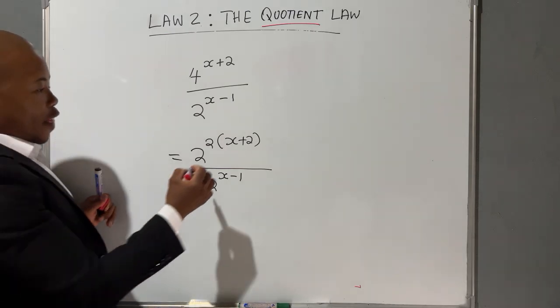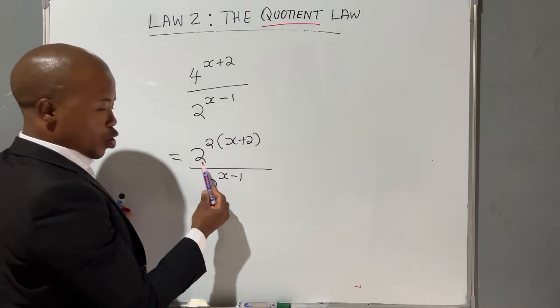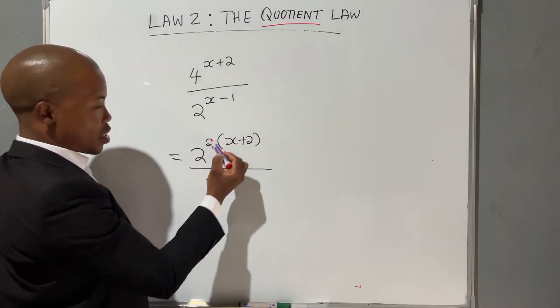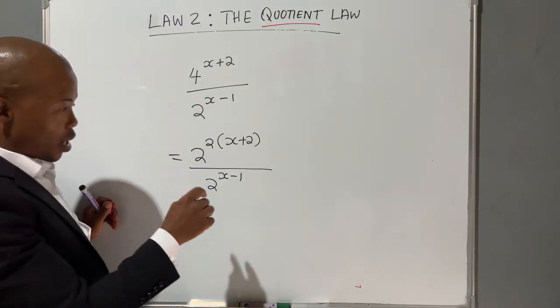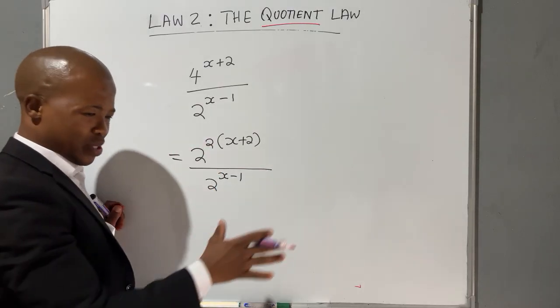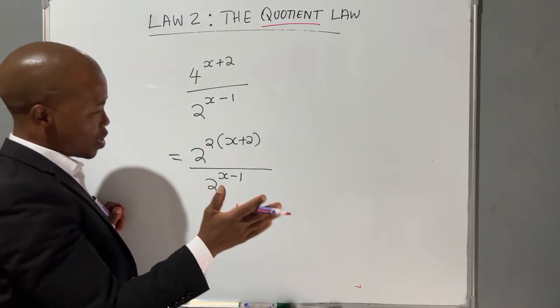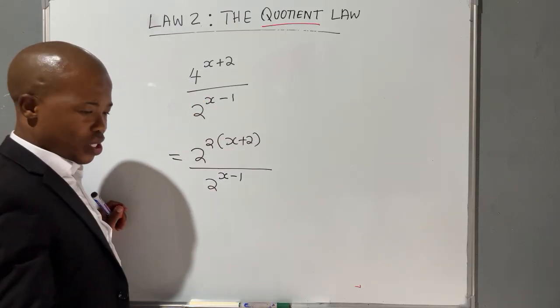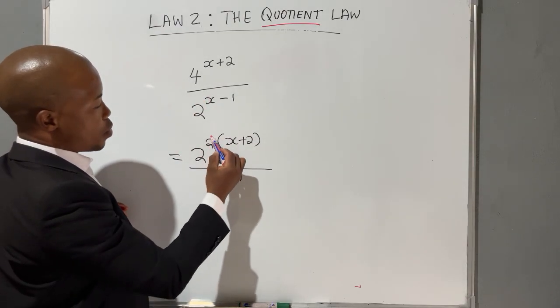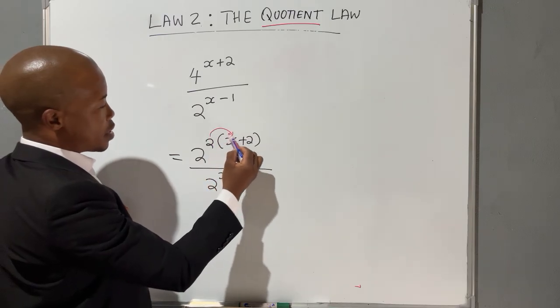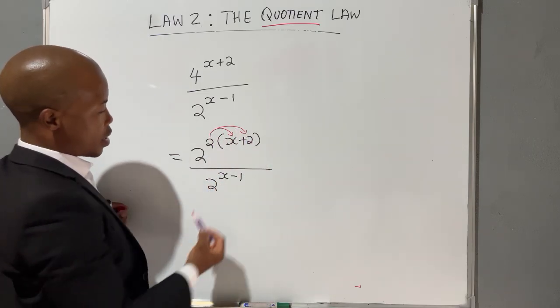Now here we can distribute. You know how to distribute. If you don't, I'm still going to make videos about distributing, the commutative law, and also the associative property. So to distribute, this multiplied by this, and again this multiplied by this.